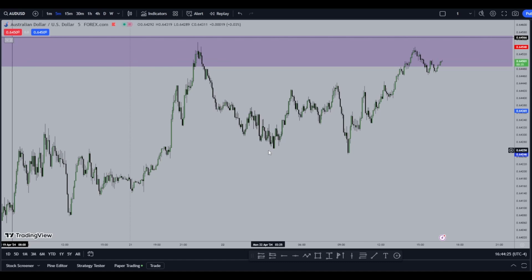And we got to know about the timings to trade, that we should trade after 8 o'clock in the New York Kill Zone, because the New York Kill Zone has a lot of liquidity and it's a big session. And I explained the risk management also, and you should find your own risk management based on your capital. And I showed you the approach also, how to place limits and what your stop loss will be.